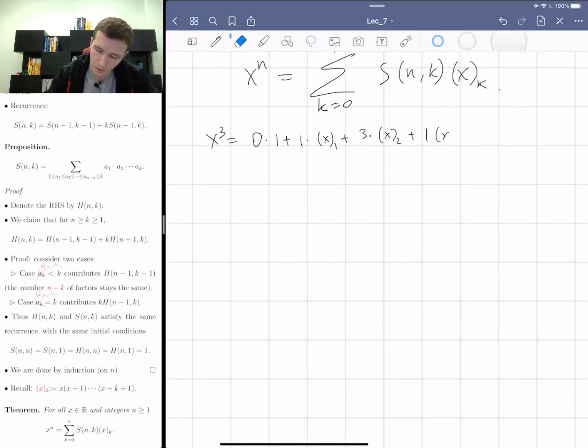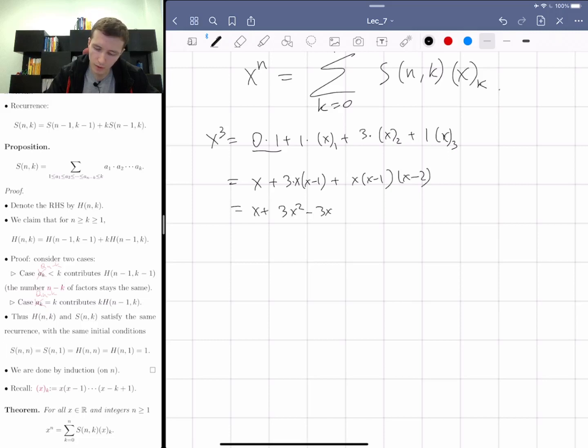Oops, it is supposed to be x_3. So this is 0, and the next one is just x plus 3 times x(x minus 1) plus x(x minus 1)(x minus 2), which is x plus 3x squared minus 3x plus x cubed minus 3x squared plus 2x.